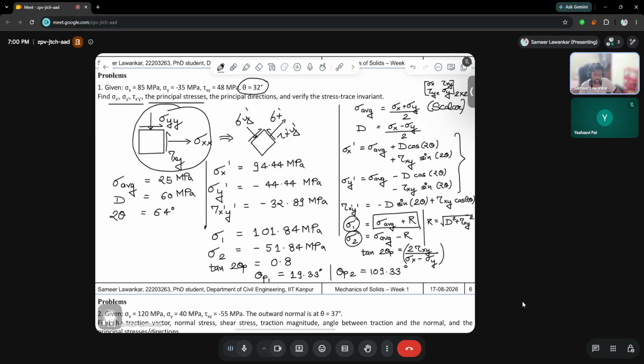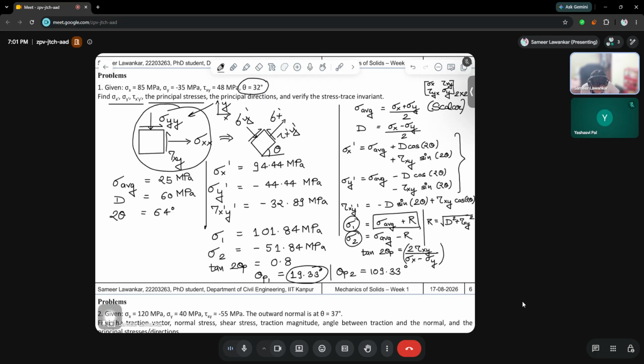Now we'll try to visualize the situation. So what is actually happening? This is the original situation, this was the x direction, this was the y direction. When you rotated this by theta, which is 19.33 degrees, you got sigma x dash as 101.84 MPa.